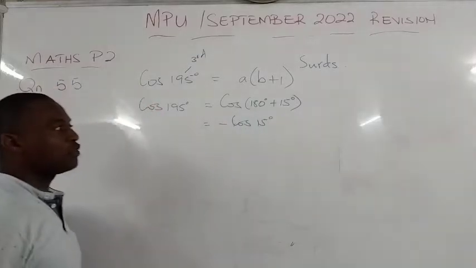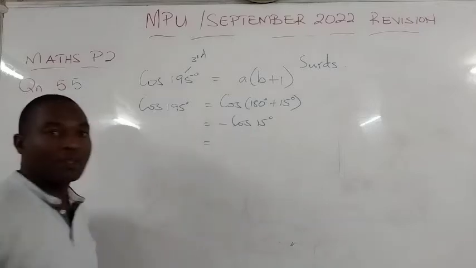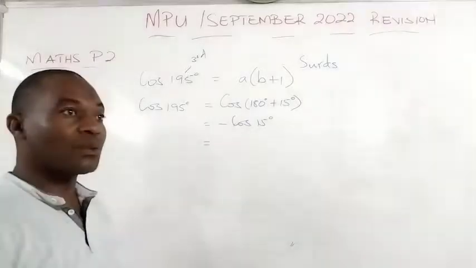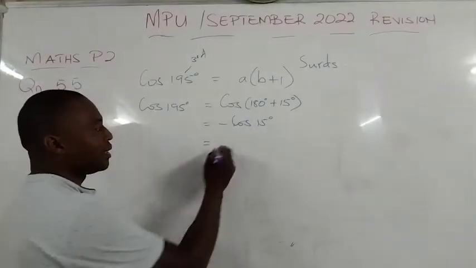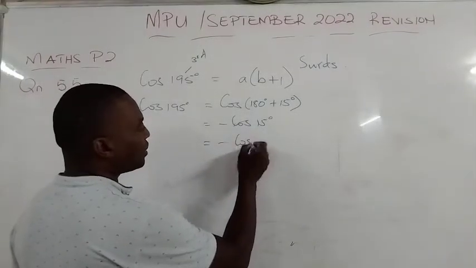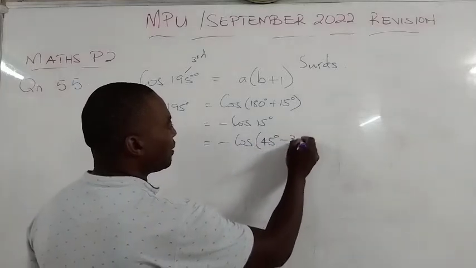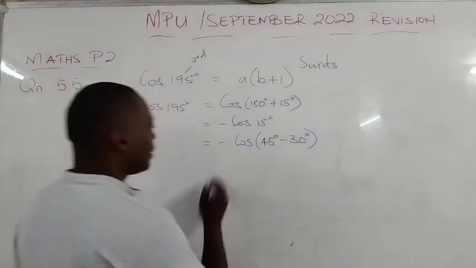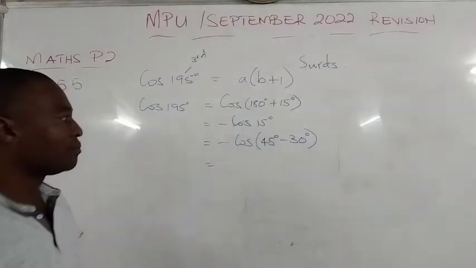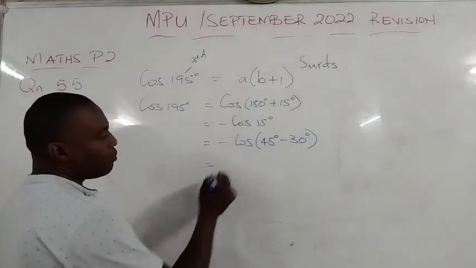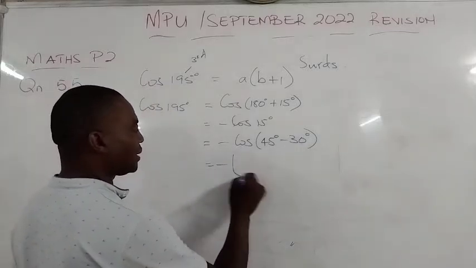And the moment we see 15 degrees in terms of special angles, we understand that it is a difference between two special angles, 45 degrees and 30 degrees. So we are saying this is cos of 45 degrees minus 30 degrees. So this is a compound angle, so we go on to expand it using compound angle identities.